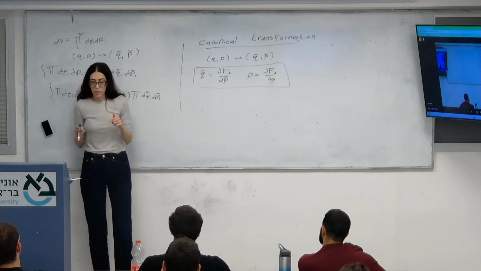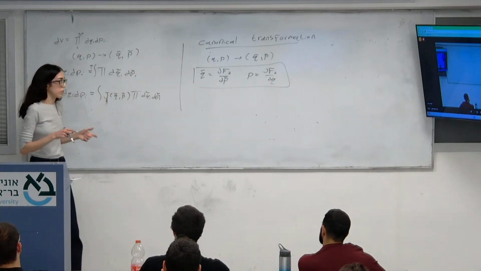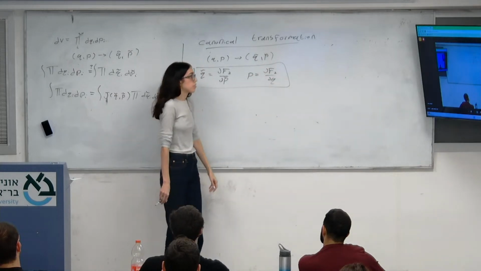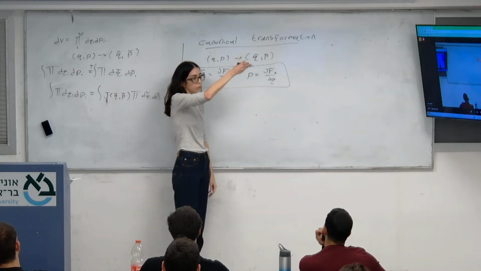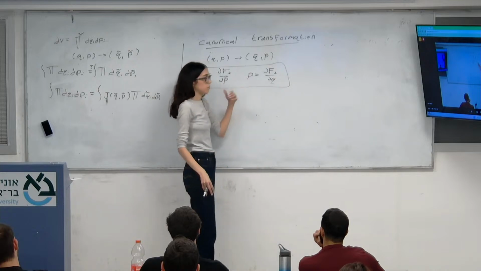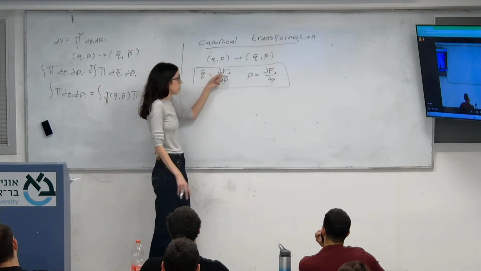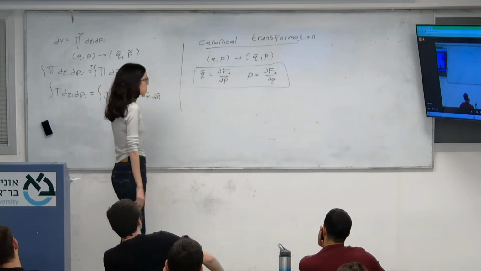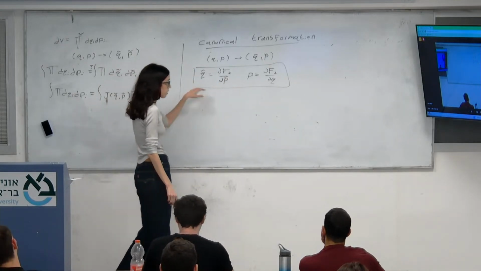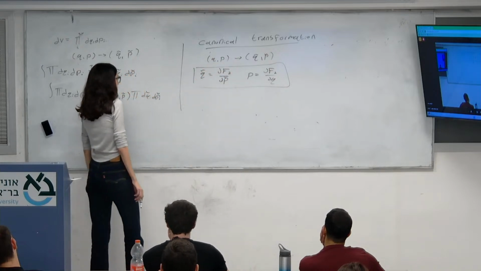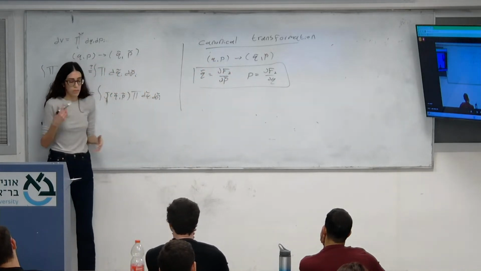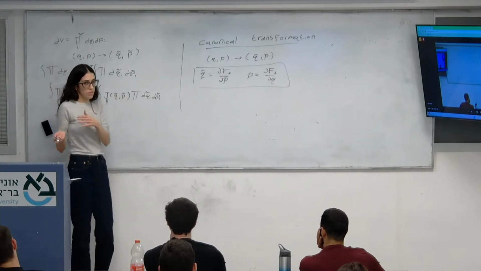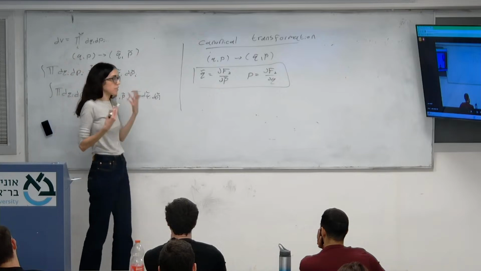I put an example in the notes about transformation from Cartesian coordinates to polar coordinates. So you have x and y, and you move to r and theta, and you see that you can define just some function f2 that follows those equations, and that is also kind of intuitive, because we know that if we change from Cartesian coordinates to polar coordinates, the physics doesn't change.